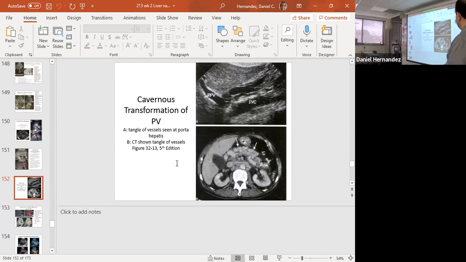Again, this is now a tangle of vessels seen at the porta hepatis. And now we're in a sagittal view coming in. So you can see a whole tangled mess of vessels. If I was to put color on that, these would probably all light up with color. And again, it's very hard to distinguish now what your main portal vein is.